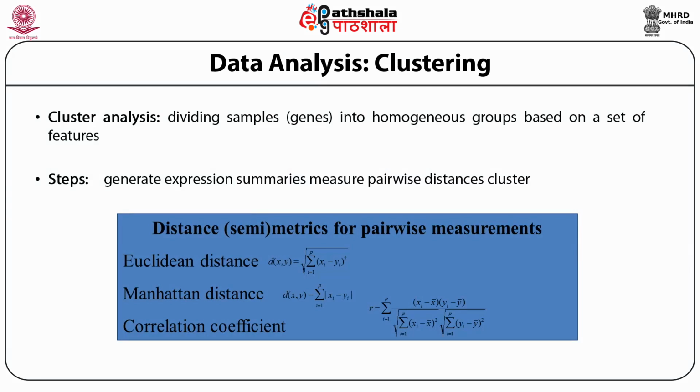So once we have the microarray data, the next important thing is what we are going to do with the data. We are going to look for the patterns in the data, and that pattern is very important to find out what's really happening in the experiments. There are different ways to find out the pattern. One of the ways is clustering of the entire data set into functional clusters, so that we know that these two clusters are similar and these two clusters are different. There are different ways of doing the clustering, and the basic mathematics behind this clustering is finding the distance between two data points.